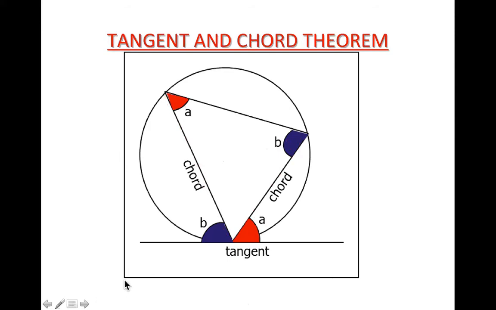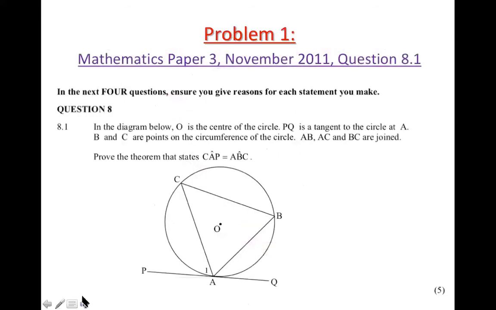We move to the next one. This is where we come to a point where we have to understand how to solve exam questions. I have taken this question from Mathematics Paper 3, November 2011, question 8.1.